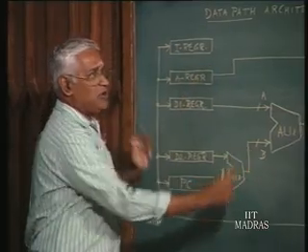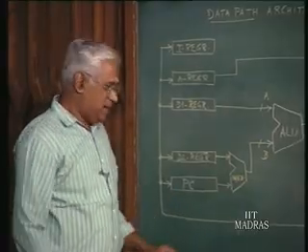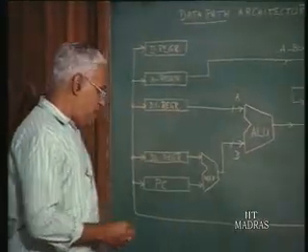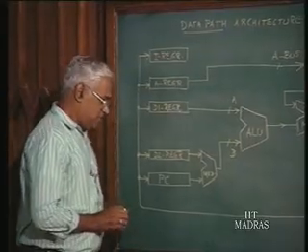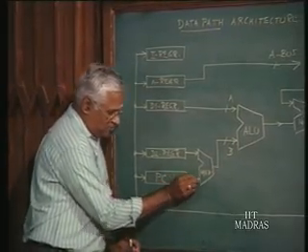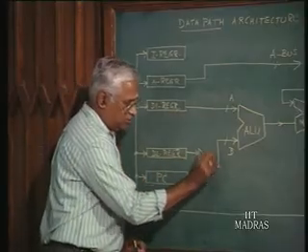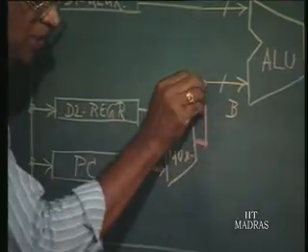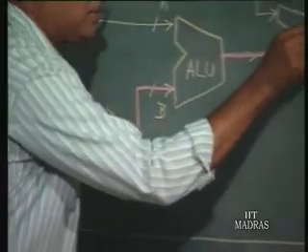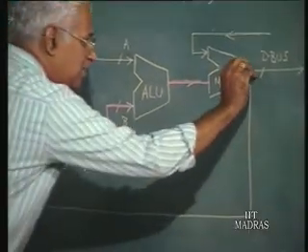Now, for this architecture, what exactly it means is this: a path must be set so that the program counter contents will be placed over the A bus, and this in fact is the path.